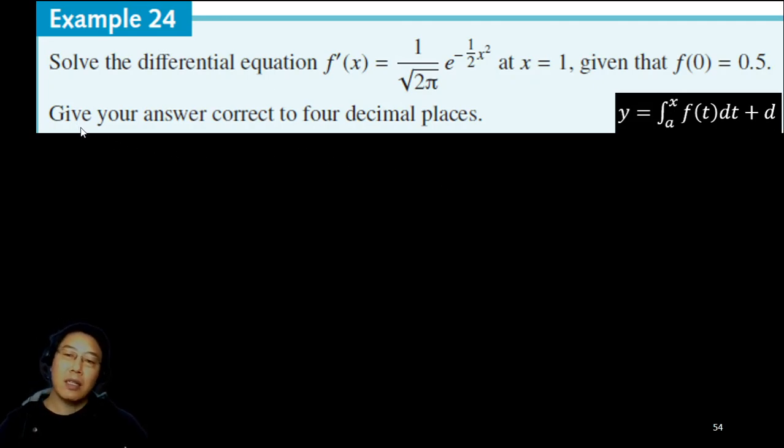Because it's asking you to give your answer correct to 4 decimal places, and you look at the rule, it's a pretty complex rule that from a first glance you're not able to resolve algebraically, so you would use a CAS calculator. You will type in your function in here. a will be 0 and x will be 1.